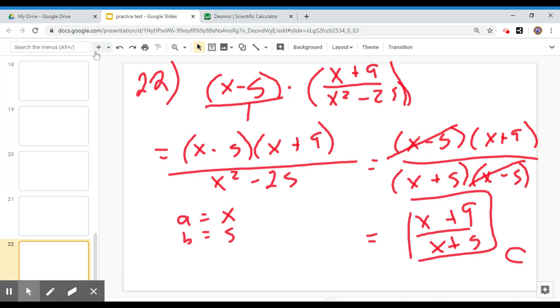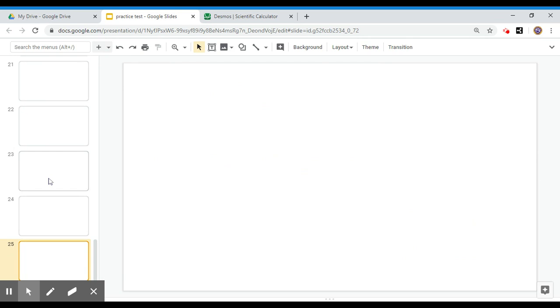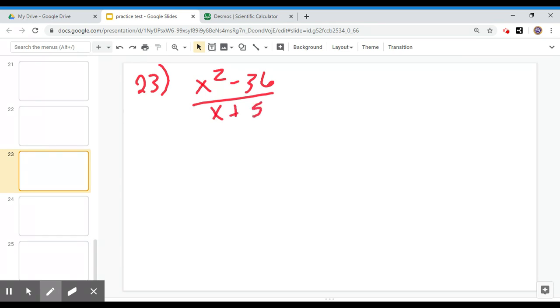All right, so the last few questions, we have division now. So for 23, we have x squared minus 36 over x plus 5 divided by x plus 6. So that x plus 6, we need to put that over 1 first of all.